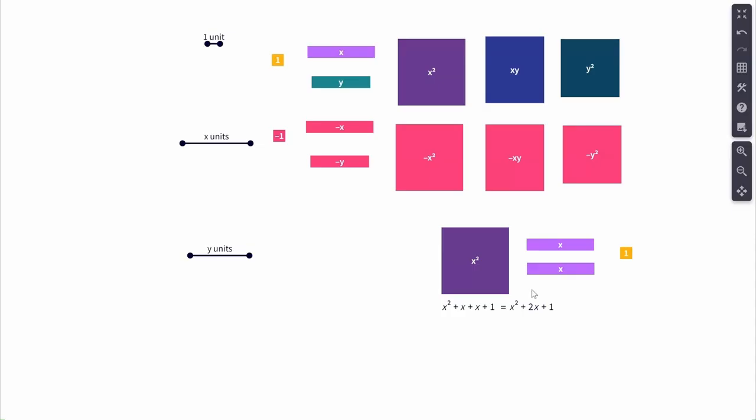So I can represent these plus signs just as gathering up and accumulating these tiles. That's addition. Addition means combining these tiles together.